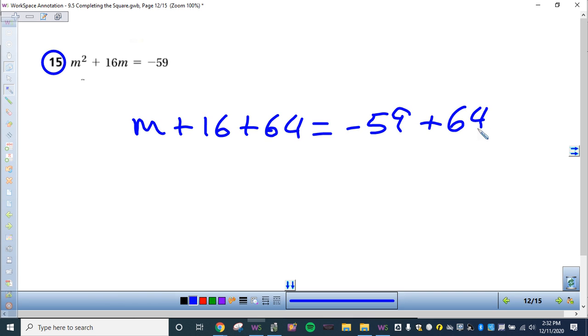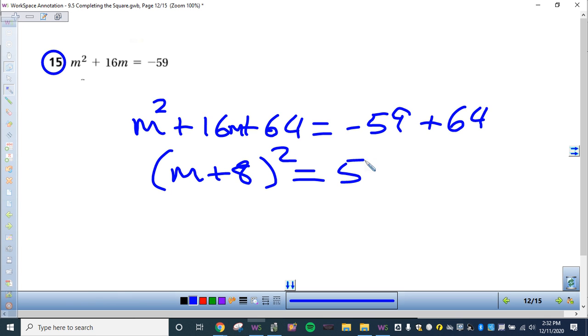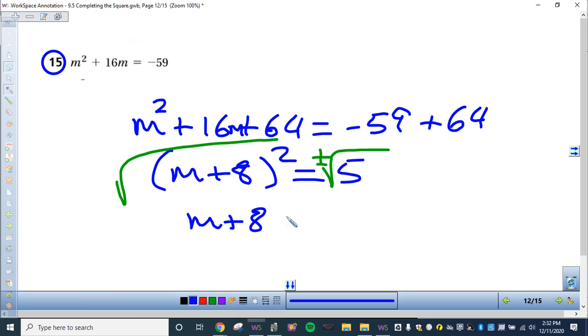So you have m plus 8 squared equals 5. Why do you have to do square root of 5? Because you got to get rid of that square right there. Oh, yeah. Okay? So you get m plus 8 equals plus or minus square root of 5.